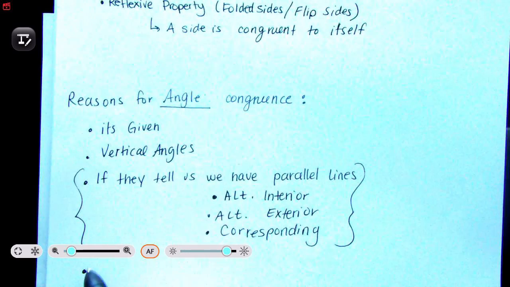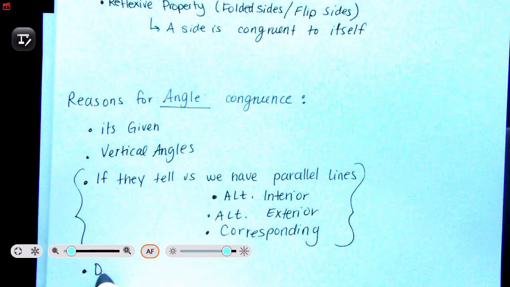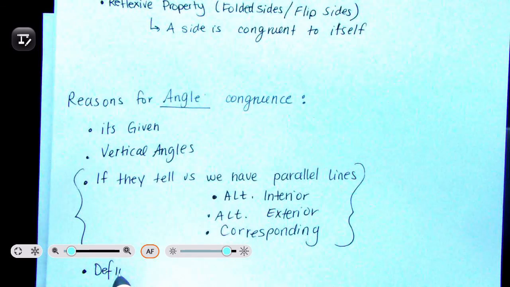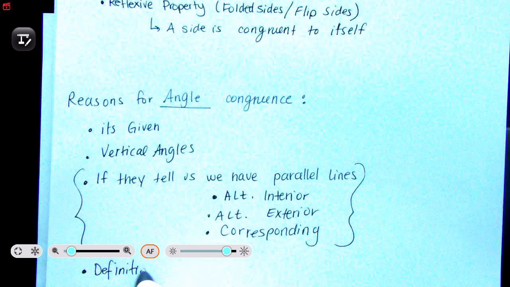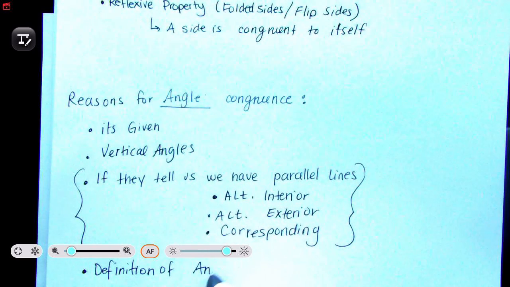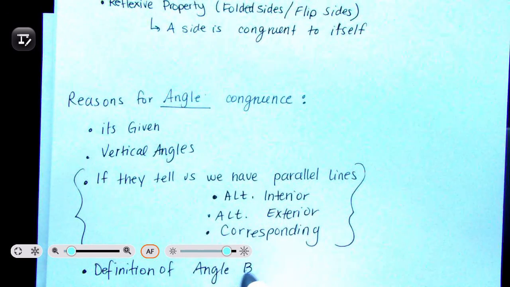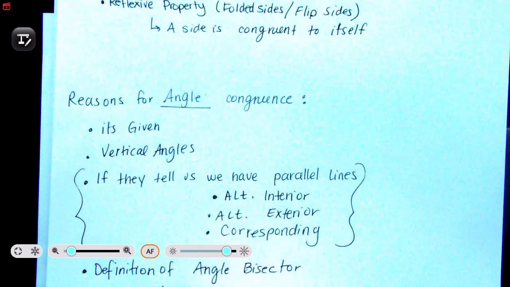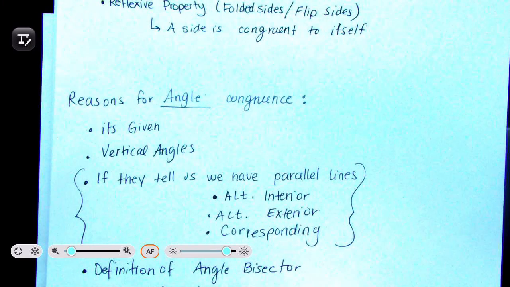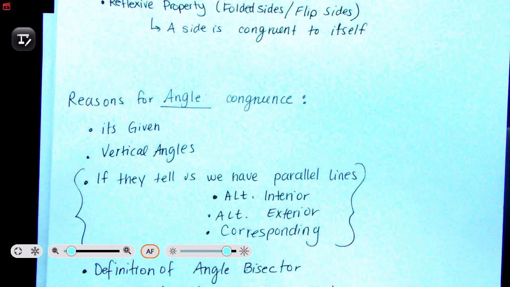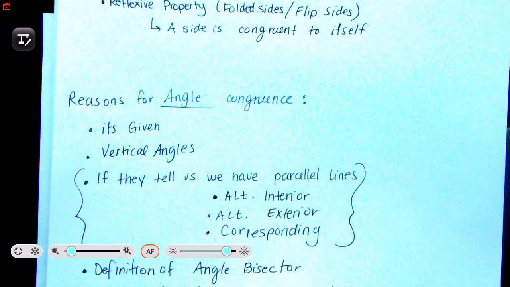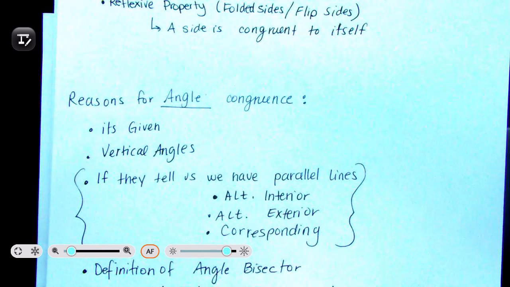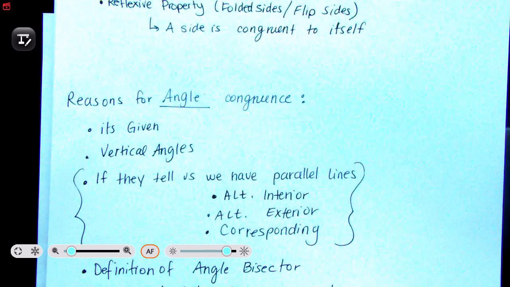This is separate. We can also use the definition of angle bisector. This means that a bisector will create two congruent angles.